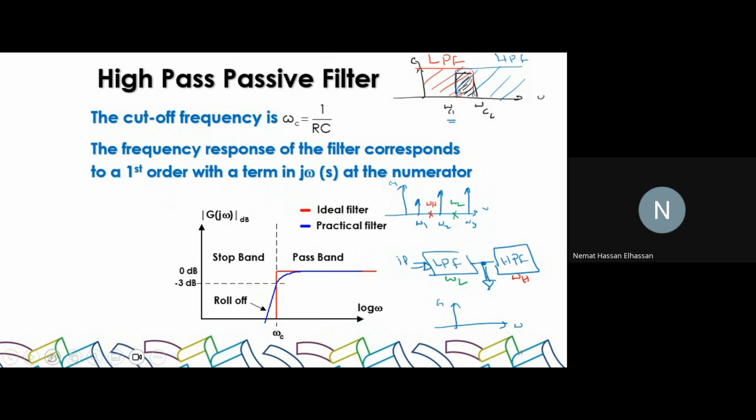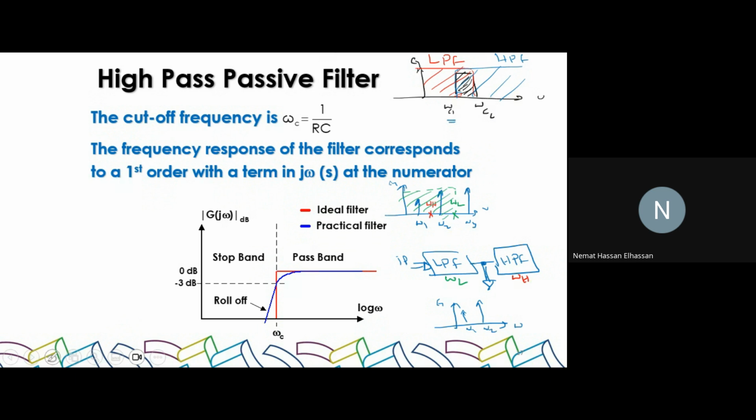So we said that this is the cutoff frequency of the low pass filter, right? Which means this is my pass band. So what do I see? And also omega 1, right? You'll see both of them, omega 1 and omega 2. So this is what you'll see at the first stage. You'll see omega 1 and omega 2.